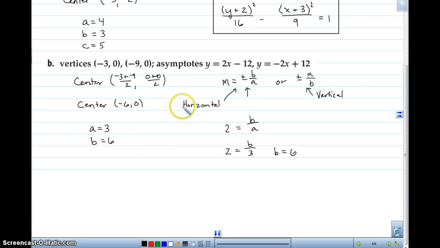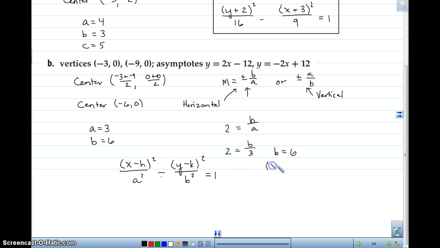We really don't need c to write the equation, so I'm going to use my horizontal form: x minus h squared over a squared minus y minus k squared over b squared is equal to 1. And we're just going to pop in all these numbers.